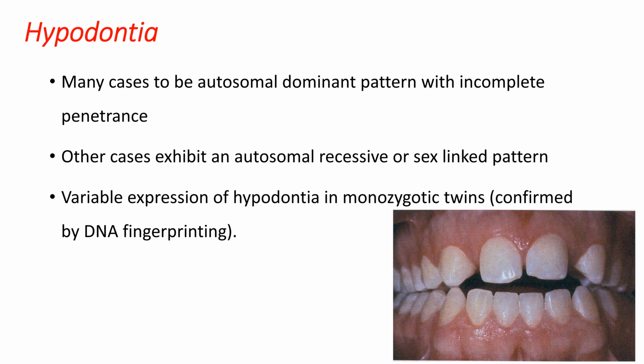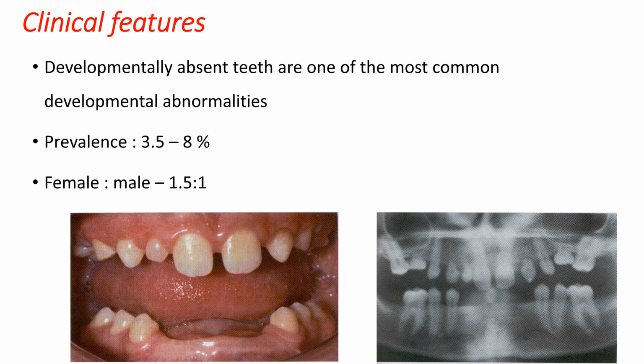This confirms the occasional multifactorial nature of the process. Overall, hypodontia most likely represents a variety of disorders caused by various genetic and epigenetic factors. Less information is available on the genetics of hypodontia, but many cases suggest an autosomal dominant pattern with incomplete penetrance. Then clinical features of hypodontia.